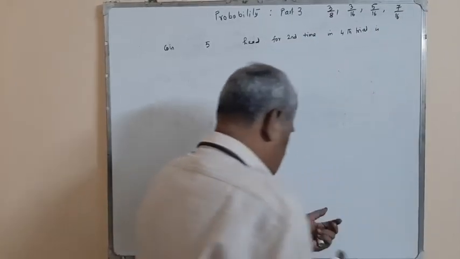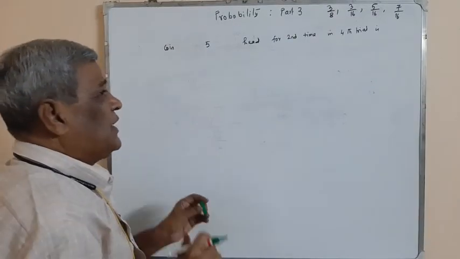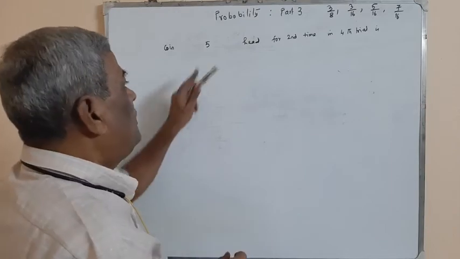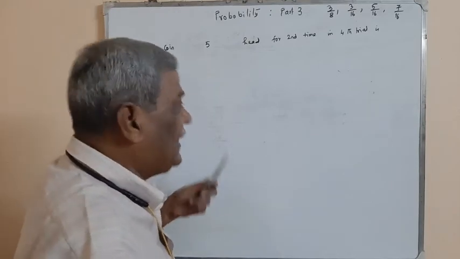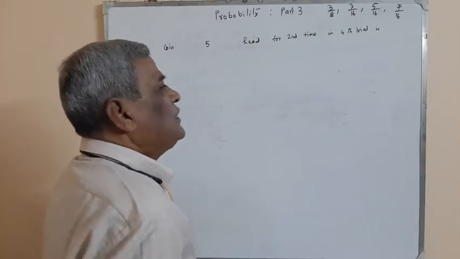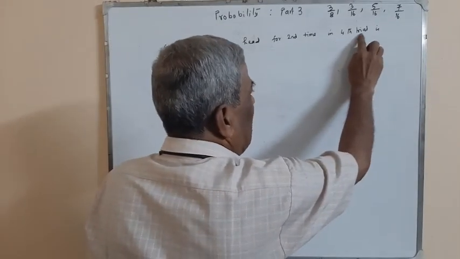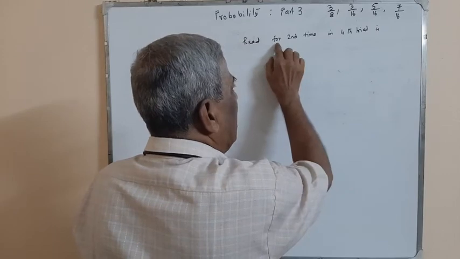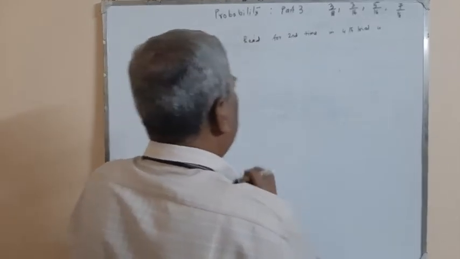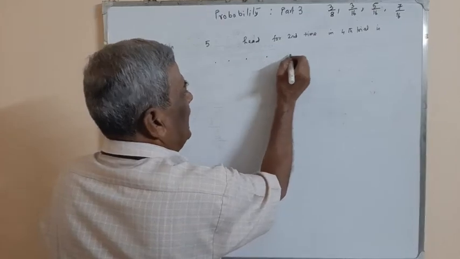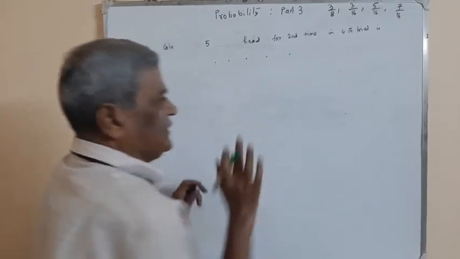Now let us see what the problem is once again. One coin is tossed 5 times, one after another. What is the probability that in the fourth trial, head will appear for the second time? First trial, second trial, third trial, fourth trial, and fifth trial. 5 trials are there.